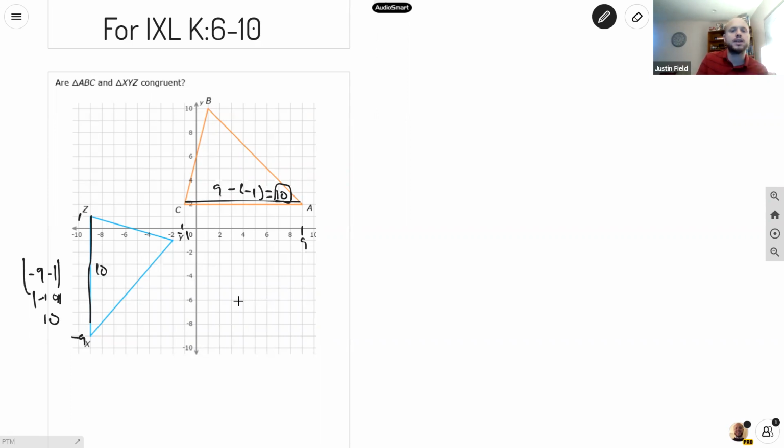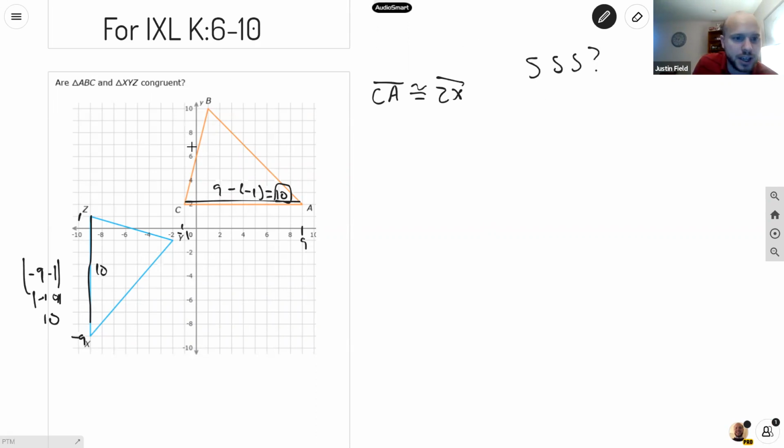So side lengths are the same. We can say that CA is congruent to ZX. We got one side pair down, 2 to go. We can show the other two side pairs are congruent. These triangles are congruent by side, side, side.